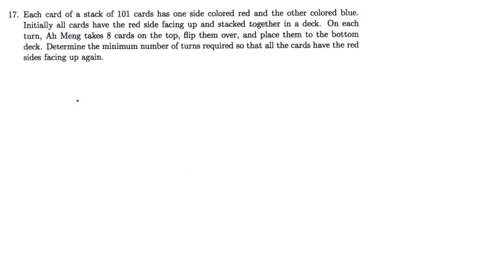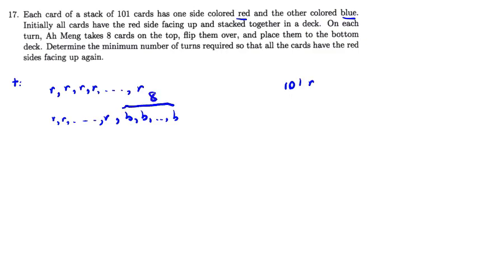Okay, so for example, suppose that we write in one line, this top is from here. At first, all of them are red, and it says we have red or blue. Now, in the first case, we have 101R. Now, you consider 8 of them, change them to blue, then you have R, and 8 blue here.